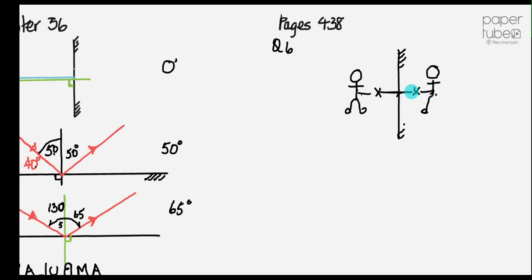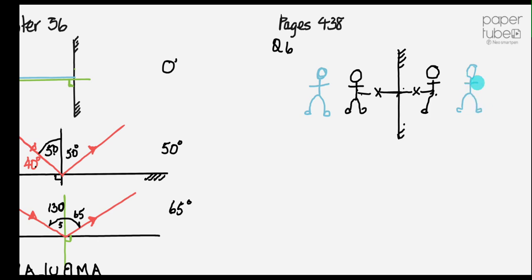And this chap decides to stand back. I'm going to draw him in blue, right? So there he is. It doesn't look very clear. So there is the new man. So he's now 20 back. So the new image, he'll also be 20 back.